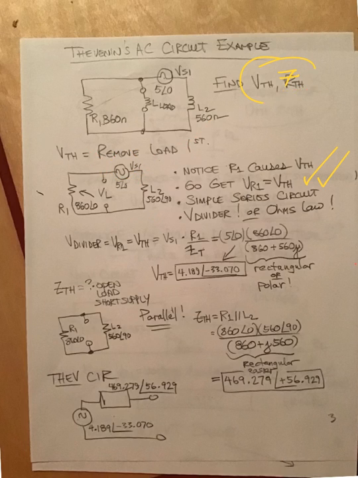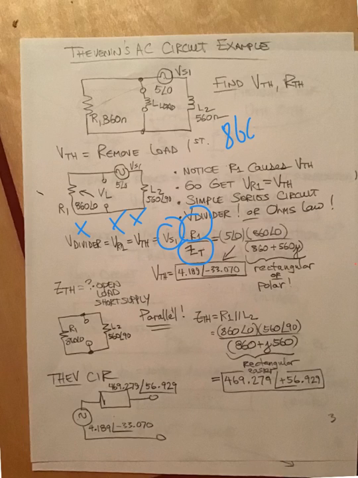So here's my voltage divider, which I then say is equivalent to VR1, which is Vthevenin. And it's the battery times R1 divided by ZT, the ZT that we have not computed yet in this circuit, but it's just a simple series circuit.